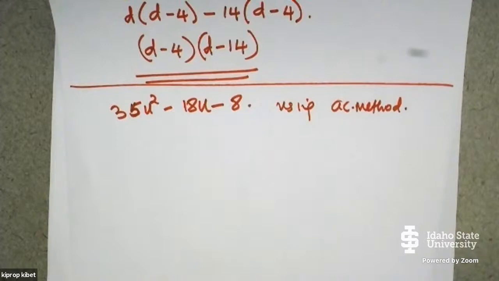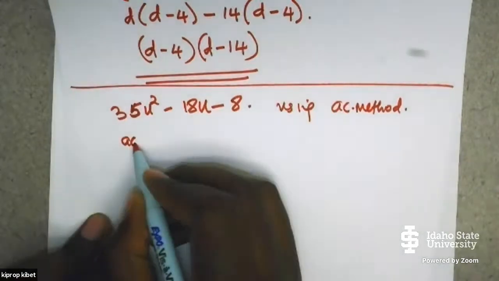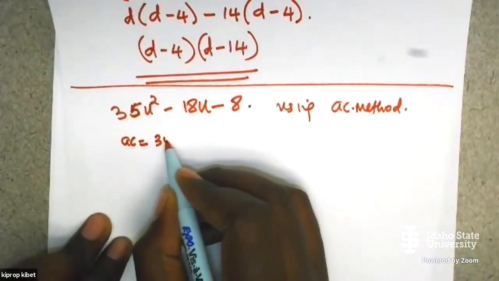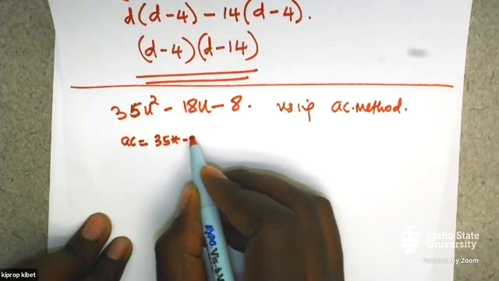So what is AC? So AC is 35 multiplied by minus 8.